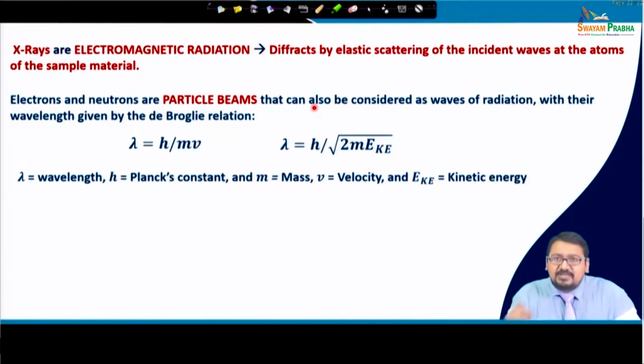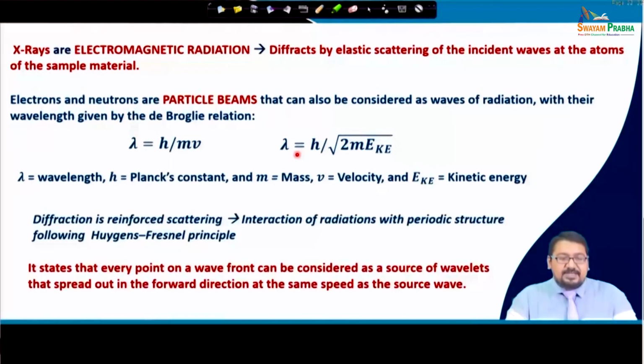And if we look into de Broglie's relationship, which is given by lambda equal to h by mv, where h is the Planck's constant, lambda is the wavelength, m is the mass, v is the velocity, and if E is the kinetic energy of the material, that is equal to half mv square, then the lambda can be calculated to be equal to h, that is Planck's constant, divided by root over 2 times mass times kinetic energy.